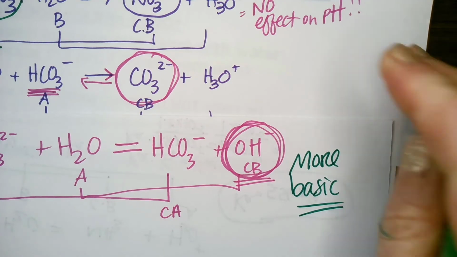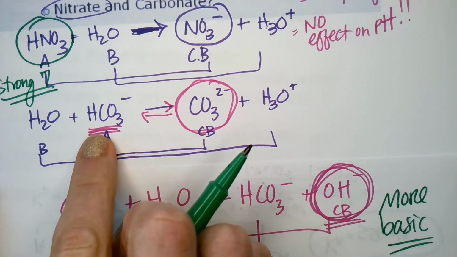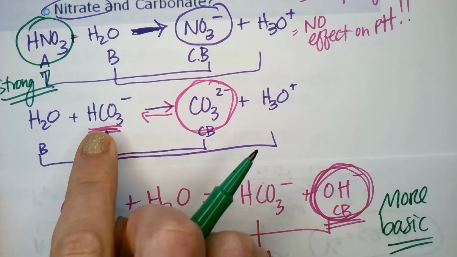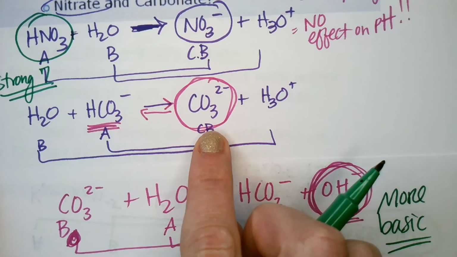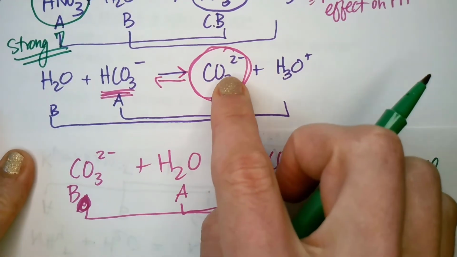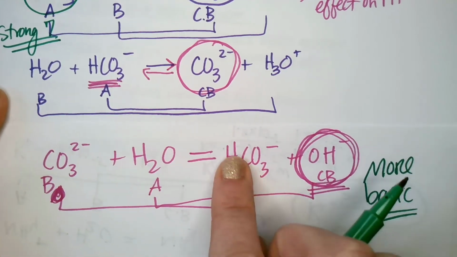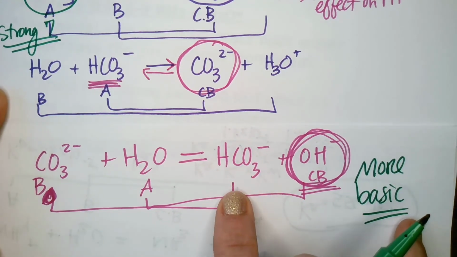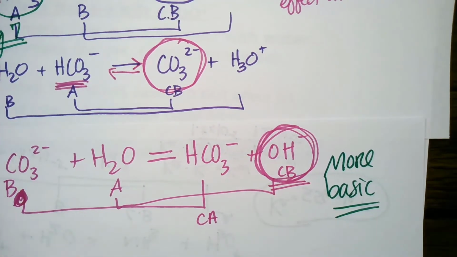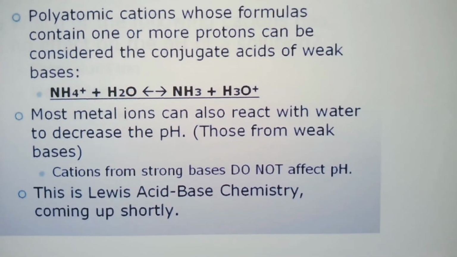This hydroxide is going to make it a more basic solution. That's because we had a weak acid, and a weak acid is going to go through hydrolysis. So that conjugate base is going to be added with water to reform its parent acid and hydroxide.